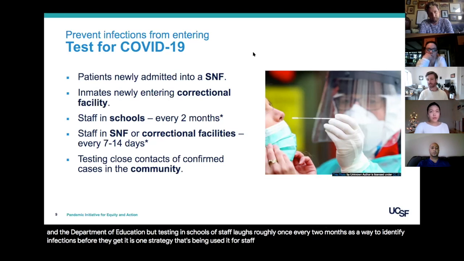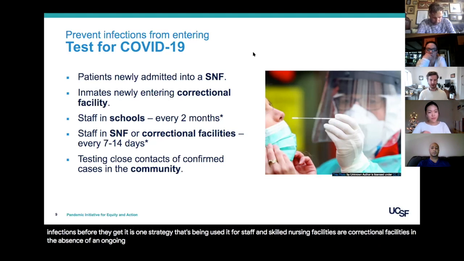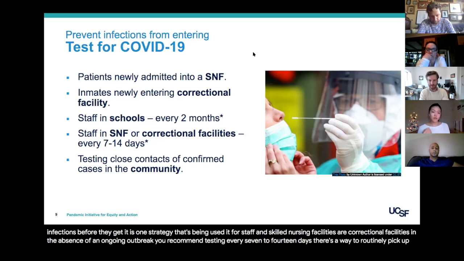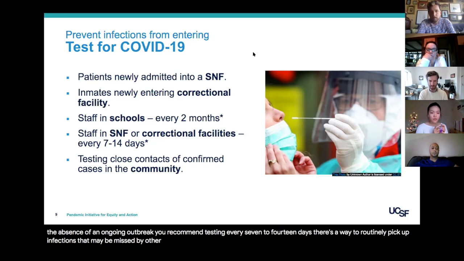For staff in skilled nursing facilities or correctional facilities, in the absence of an ongoing outbreak, you would recommend testing every 7 to 14 days as a way to routinely pick up infections that may be missed by other methods.